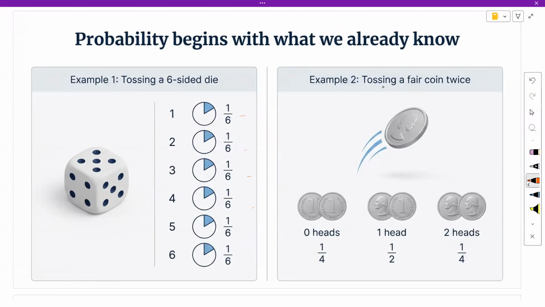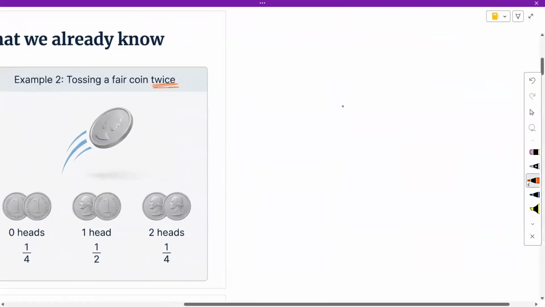And when we toss a fair coin twice, we can draw a tree diagram. The first outcome is head or tail, and for the second outcome the possibilities are again head or tail, each 1/2.